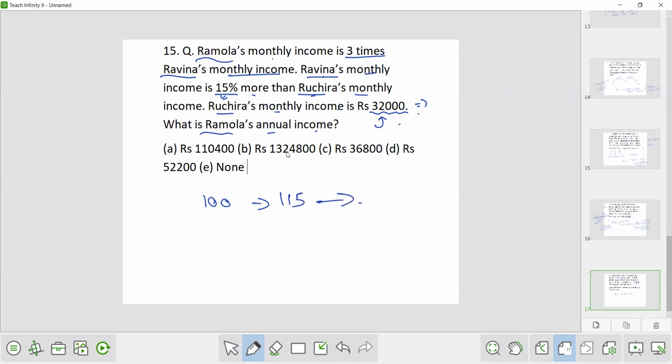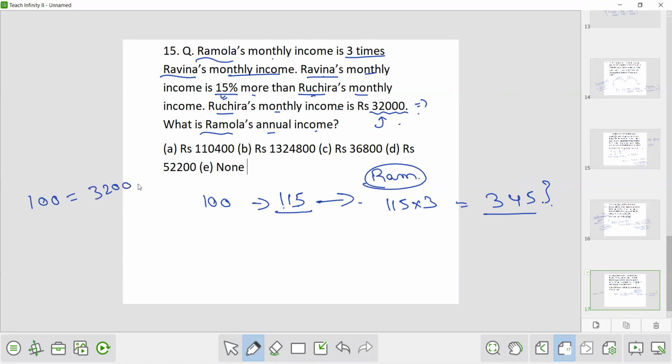Now this is Ruchira's monthly income. Sorry, this is Ravina's monthly income. Now Ramola. So Ramola is 3 times of Ravina. So Ramola will be 115 into 3. That is equivalent to how much? 345. Now this 100 is equivalent to 32,000.